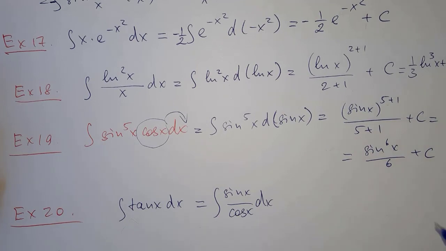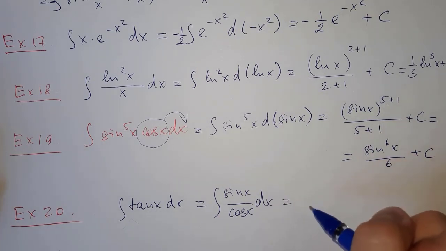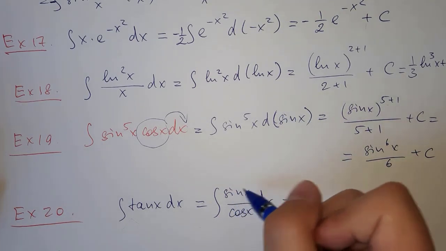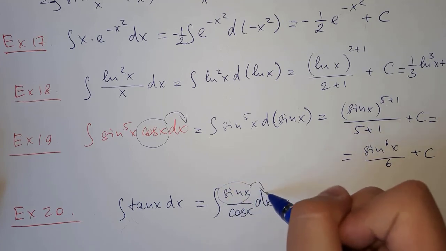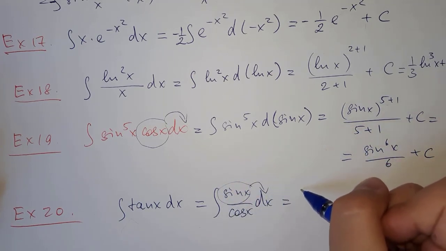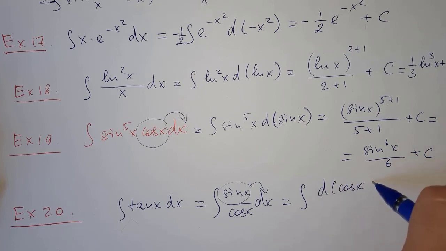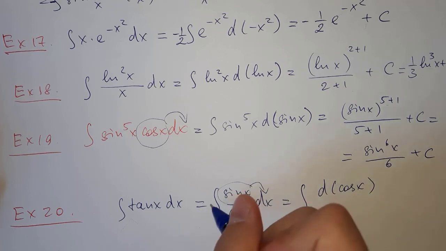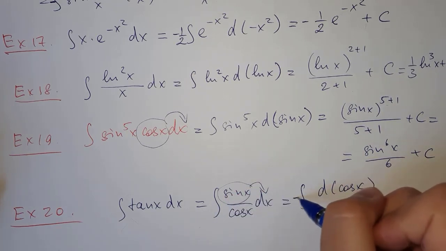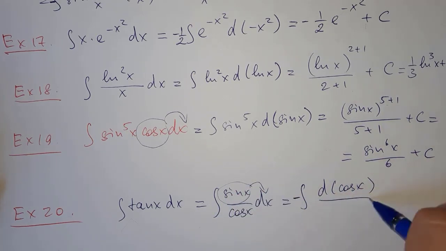Now we can use this property again, and write sine x in differential, and it gives us d cosine x, but the differential of cosine x is minus sine x, so we don't have minus here, that's why we need to multiply by minus, over cosine x, and now we get something like dx over x.